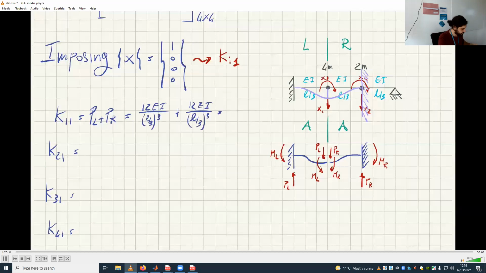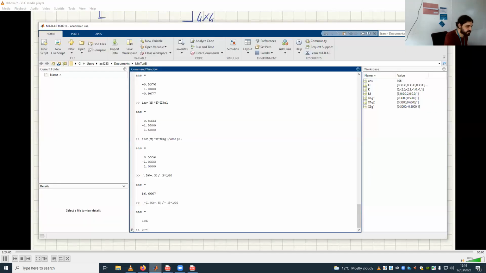And this is equal to, let me see if I have the solution. Well, we'll have to find this. This is 27. So it's 27 times 12. How much is it? 27 times 12, it's 324. 324 times 2, 648.